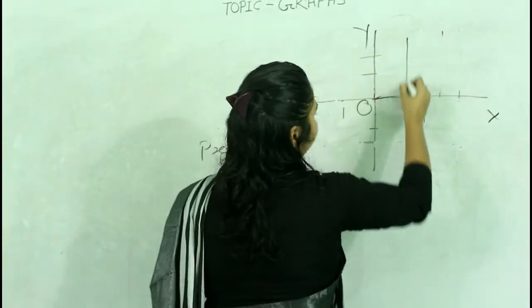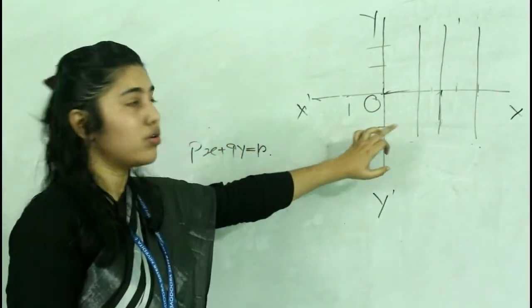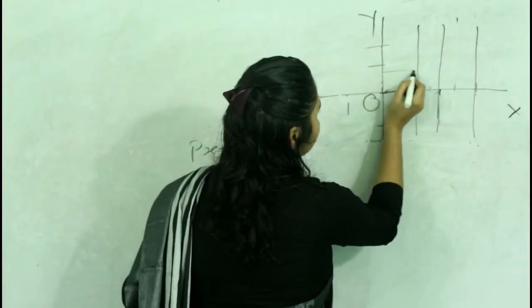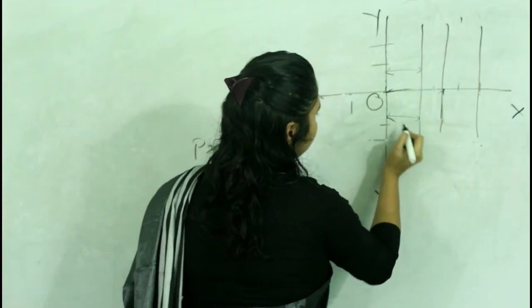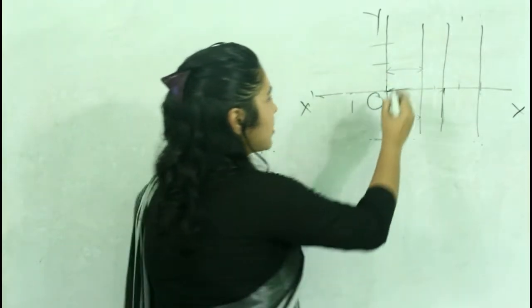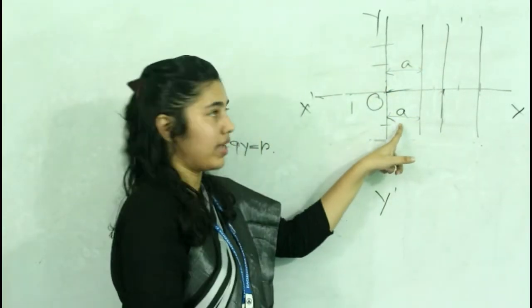Again, suppose for these straight lines, these are parallel to the y axis, right? Now notice one thing, the distance from this y axis is the same. Here, if this distance is a, then this distance is also a.